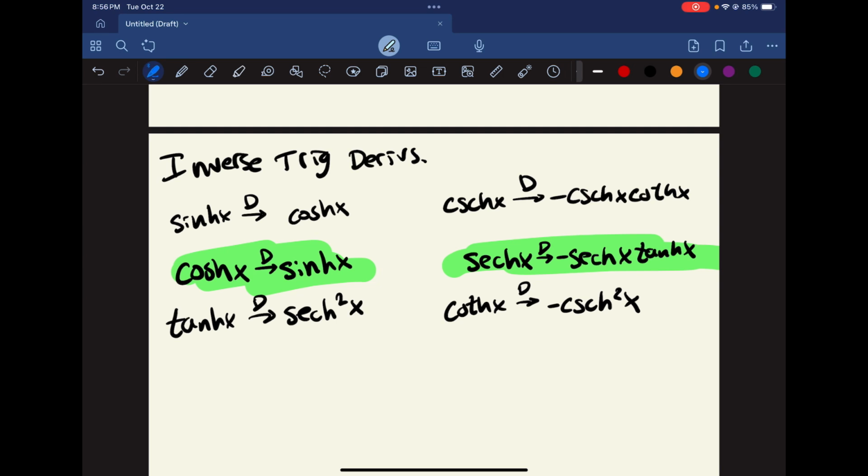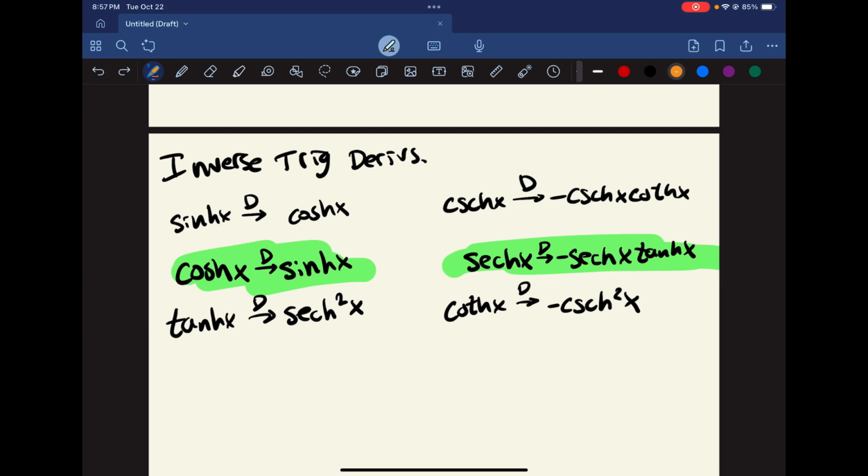And I mean, you're kind of right, but it's really the exact same thing as the regular trig derivatives. So if you have your regular trig derivatives, you're going to be totally fine. The only curveball is with cosine and secant.